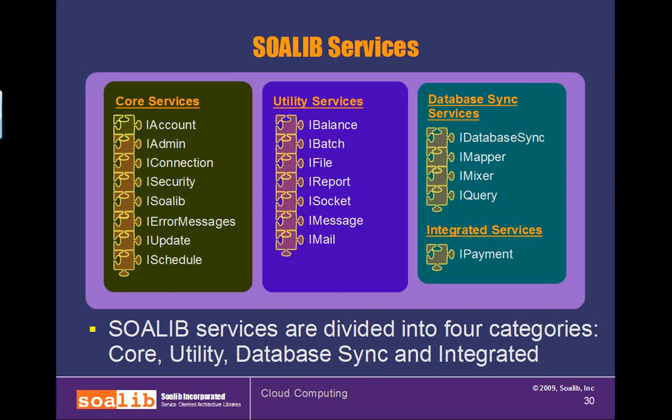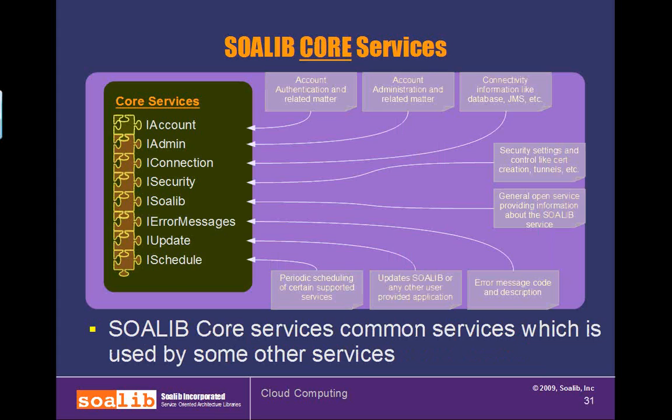So let's focus on a little bit of detail. We'll not go into very much detail, just an overview. iAccount is mostly related to user authentication, and admin services related to account administration, for example, locking a user, unlocking a user, enabling a user, disabling a user, creating a user, deleting a user, etc. Connection is a connectivity service where you provide database connectivity, JMS server connectivity, FTP connectivity, and any kind of connectivity is handled by this one single service.